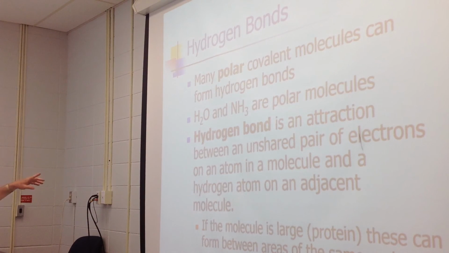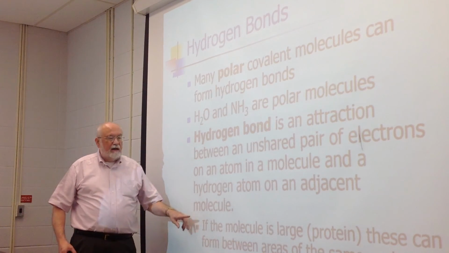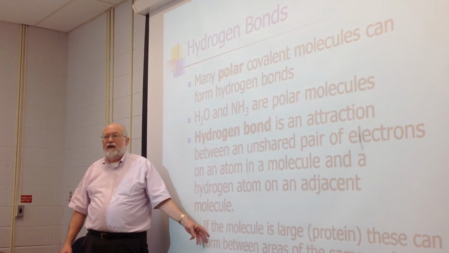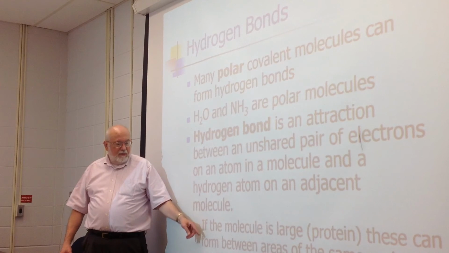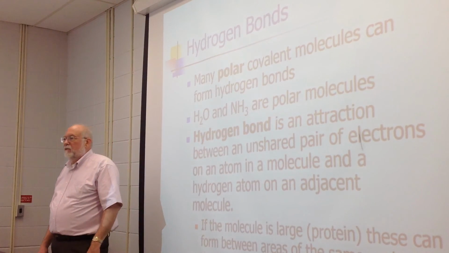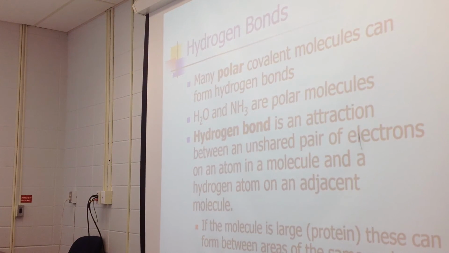Now, at the bottom of the screen is just one little tidbit to file away for next week. All right, if a molecule, a large molecule, like protein, can twist and bend on itself as they do, they can form hydrogen bonds within that molecule. So it doesn't have to be between two molecules if it's a big molecule. Small ones, yeah, they do.